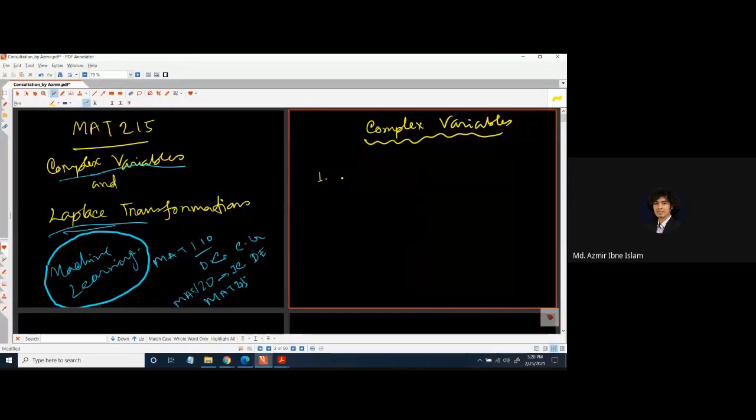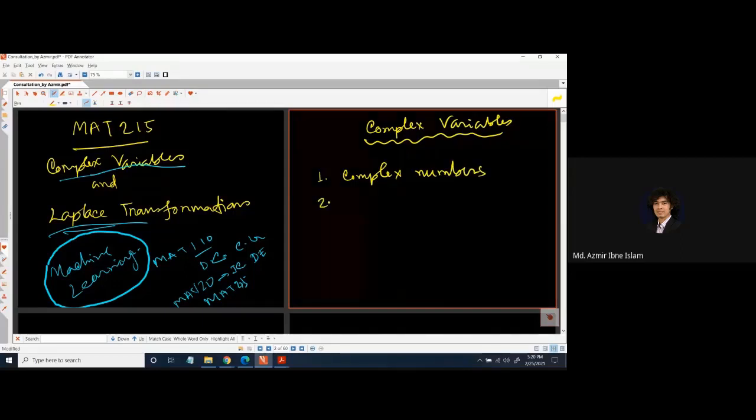Here, first we have to know about complex numbers, and then the fundamental operations.